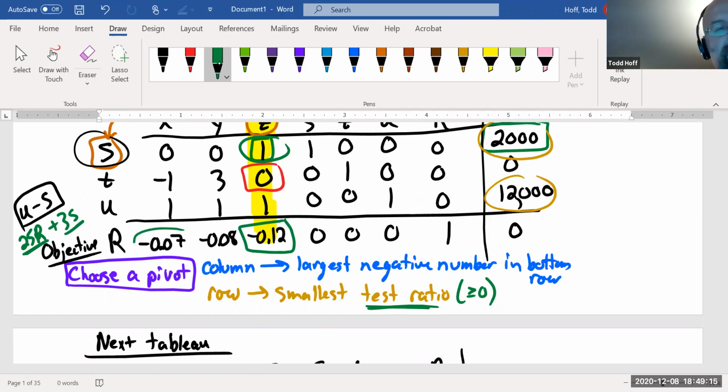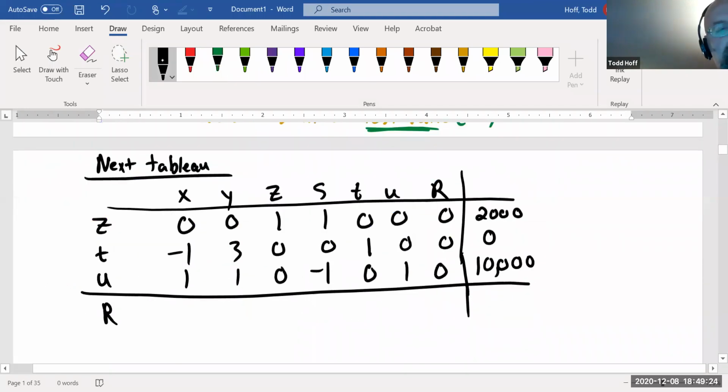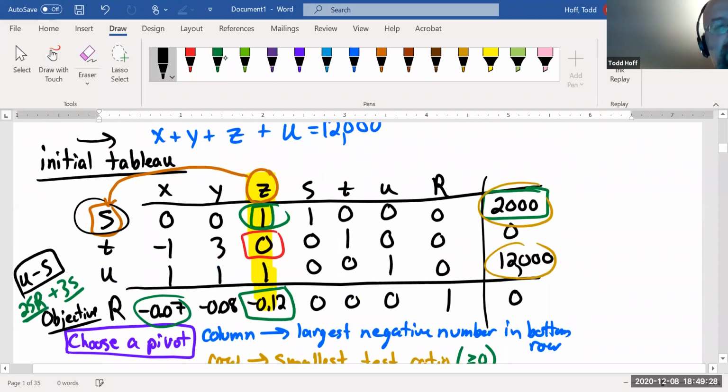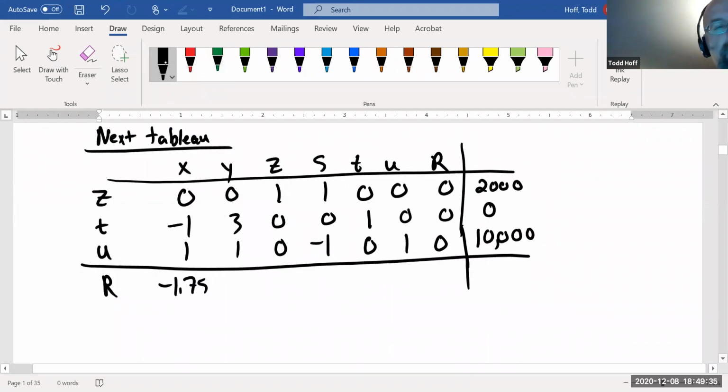So here I've got 25 times -0.07 is a -1.75 plus 0. That's a -1.75. 25 times -0.08 is a -2 plus 3 times 0 is still 0. So that's a -2.